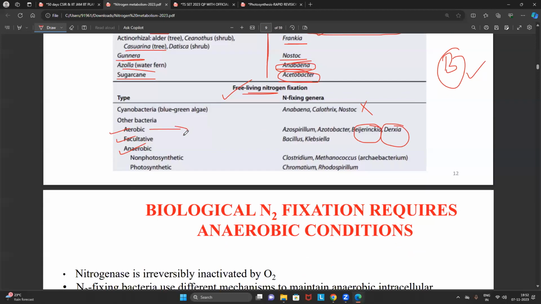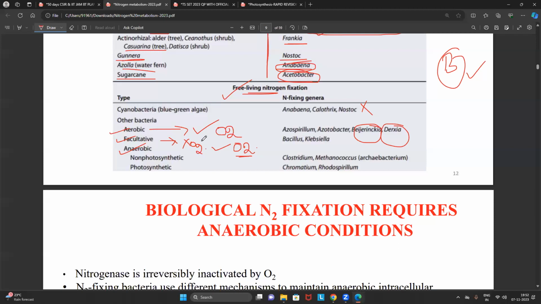What are aerobic? Everyone commonly knows that these bacteria compulsorily require oxygen for their growth. What about the facultative? Basically, they do not require oxygen. Without oxygen also they can survive. There's no doubt about it. But whenever there is a presence of oxygen, their growth and development will become more. In the presence of oxygen, the survival rate is more compared to the absence of oxygen.